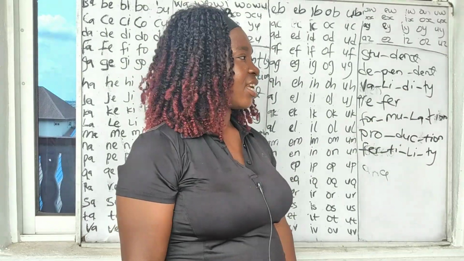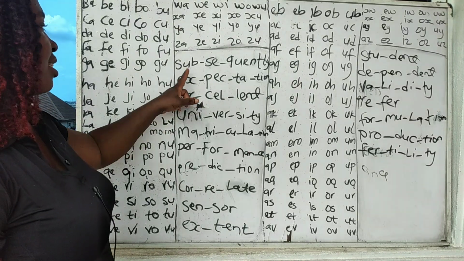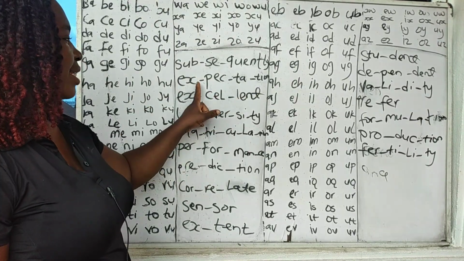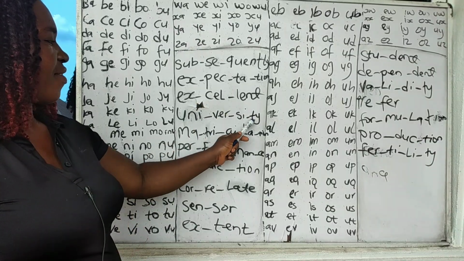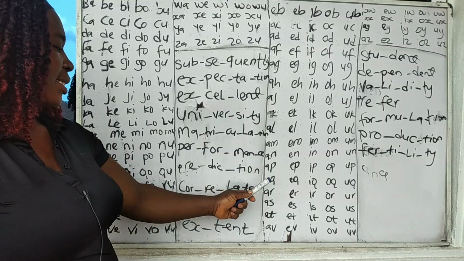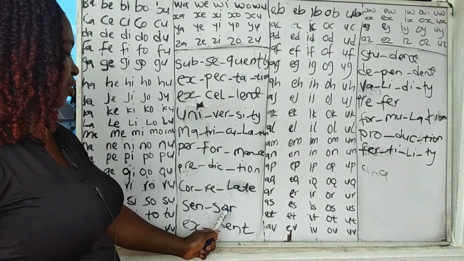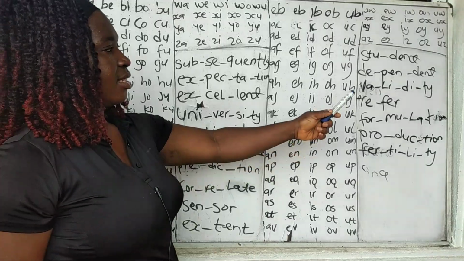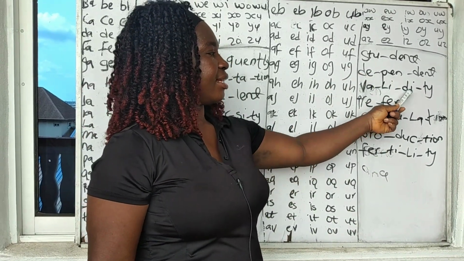All right, so let's go over the words we are able to produce today quickly. Subsequently, expectation, excellent, university, matriculation, performance, prediction, correlate, sensor, extent, student, dependent, validity.